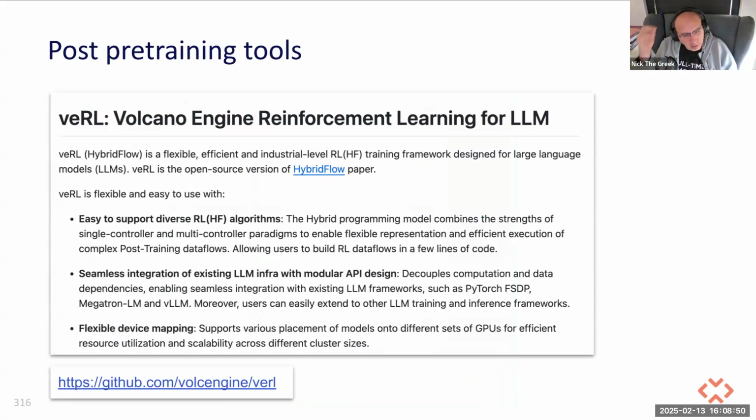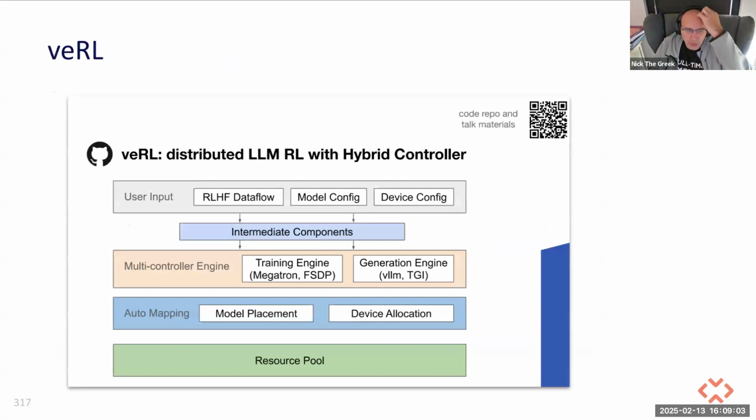They have a big spectrum of methods, and they support Megatron and vLLM. Again, an extremely useful tool. Now that, thanks to DeepSeek, people have shifted their attention to reinforcement learning, here's a great tool that you can use, and they actually show you how it fits on the whole training stack.